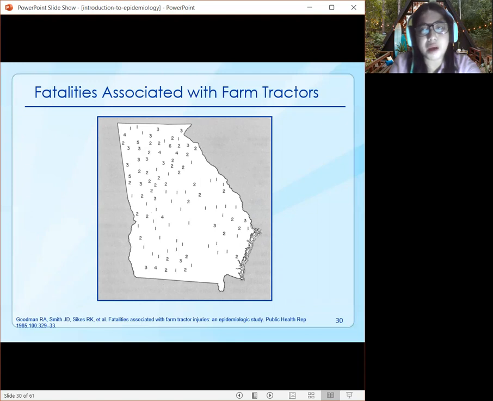Remember that the map indicates the number of deaths, not the rates again. So the numbers possibly reflect differences in population or the number of tractors being used. More farming occurs in South Central Georgia, therefore the number of tractors probably does not explain the difference. Perhaps geographic differences exist in the experience or skill level of those using tractors.